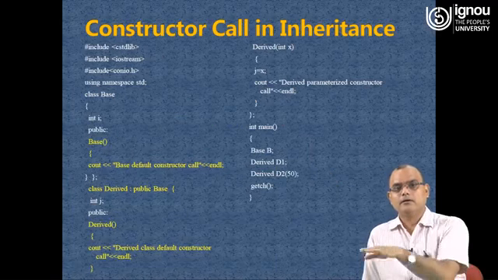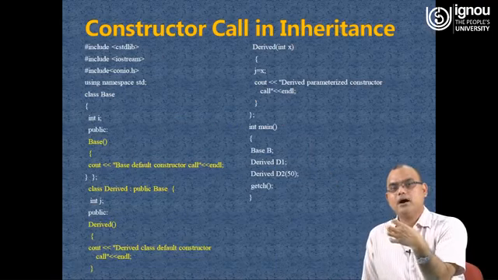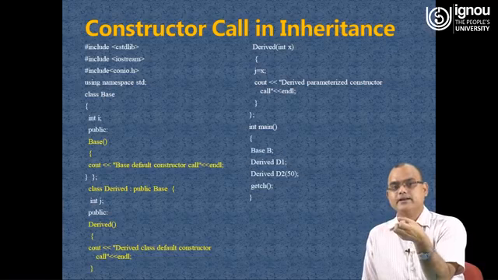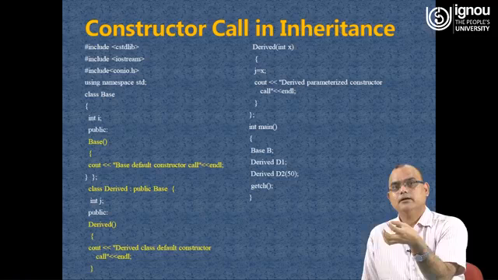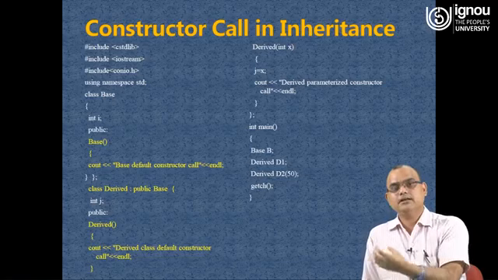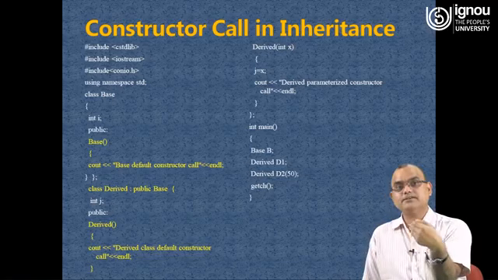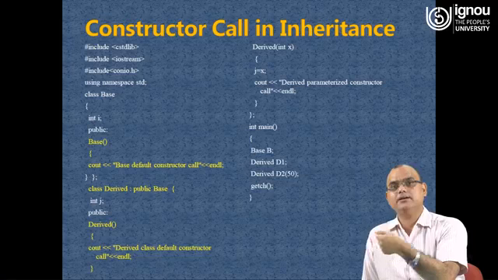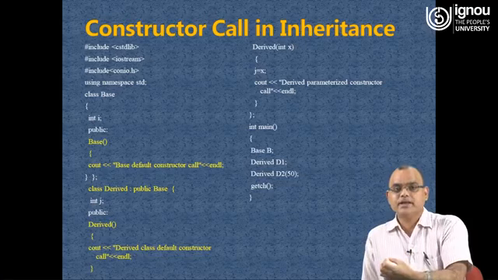Now, one question also arises: how will constructors be created? If we are creating a derived class, then obviously the constructor of its base class will also be called, because the derived class is inheriting the features of its base class.